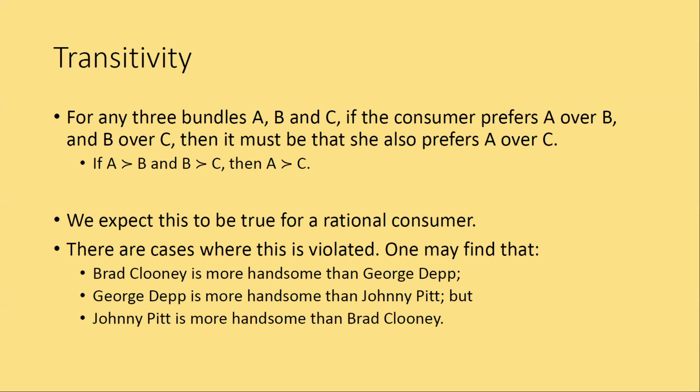However, if given the same person the pictures of Johnny Pitt and Brad Clooney, it's possible that the person finds that actually Johnny Pitt is more handsome than Brad Clooney, right? So certain kinds of preferences that form a circle may exist in reality, while the assumption of transitivity is violated.